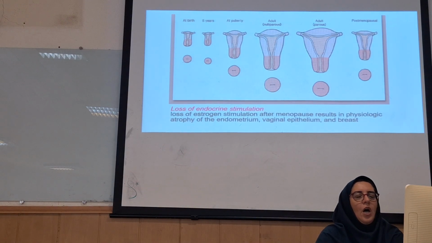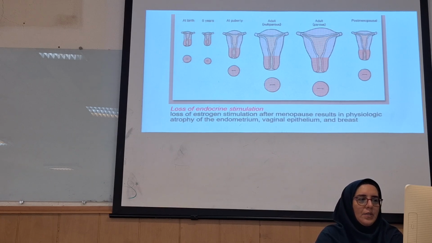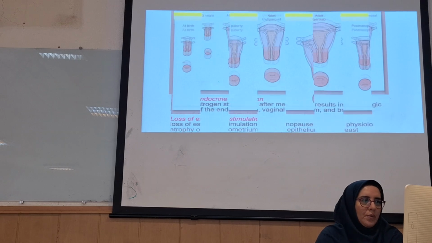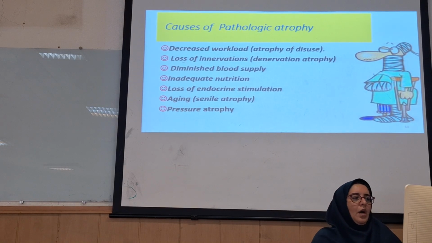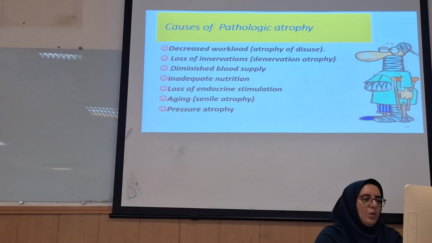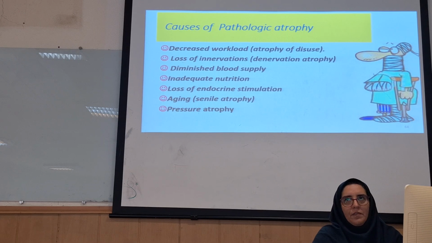Physiologic atrophy is also seen after pregnancy and causes a decrease in the size of the uterus. What are the causes of atrophy? Decreased workload, for example, atrophy of disuse, loss of innervation.